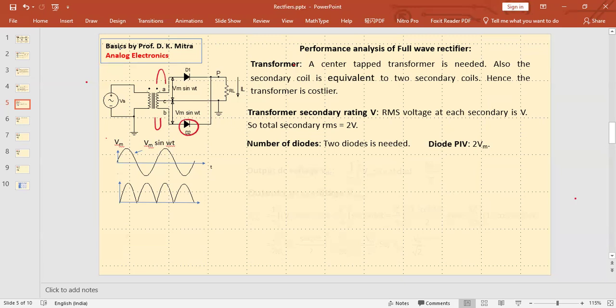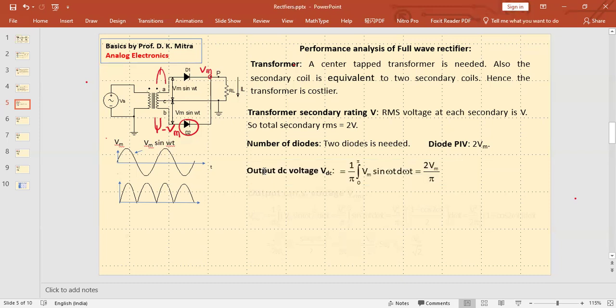Maximum reverse voltage: at this highest point, the voltage here is Vm. And since this is reverse biased, here the voltage is minus Vm. So the maximum reverse voltage across this non-conducting diode is 2Vm. So you need two diodes first, and then for each diode the PIV should be double, so the diode will definitely be costlier, right?